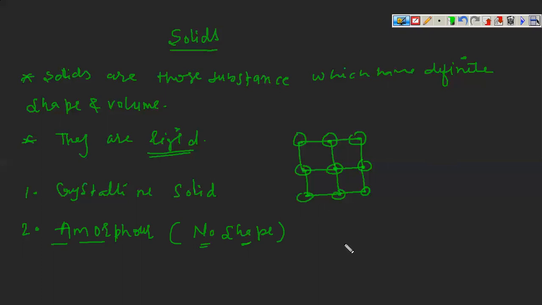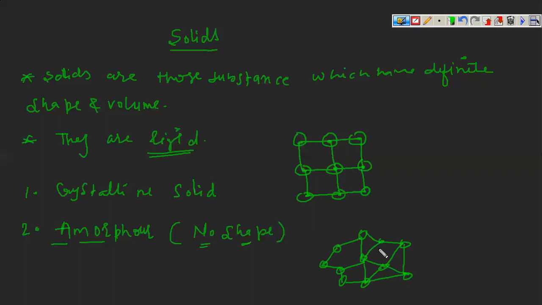Suppose if the particles are not forming any shape and they are arranged randomly, so it is a solid and you can categorize this solid as amorphous. Okay, so there is no pattern of packing. If you join their centers, you will find that they are not forming a particular shape.